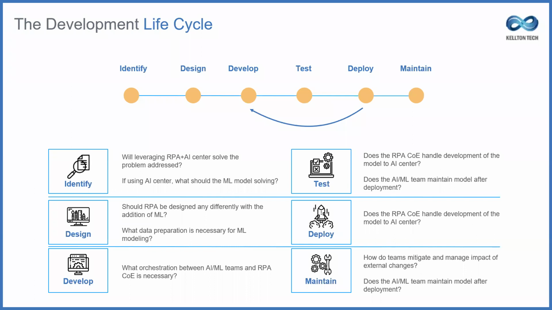Does the RPA orchestration and the bot itself undergo continuous change, or will it be the AI/ML that undergoes continuous change? That means the decisioning part of the bot will undergo change. Those are elements that you have to understand in your individual use case to come out with a better design.